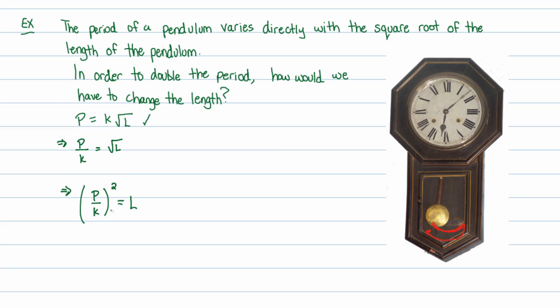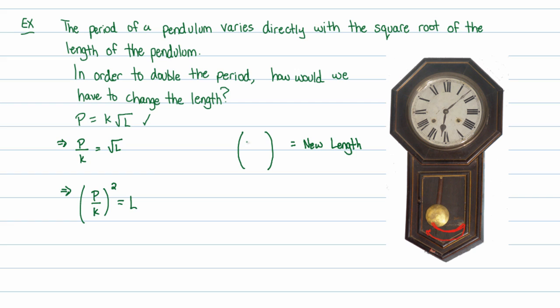The question now is, what happens if we double the period? What would happen to the length? So instead of introducing a new variable, I'll just write new length, just to keep it more language style. Now remember, the length is just equal to the period over k being squared.